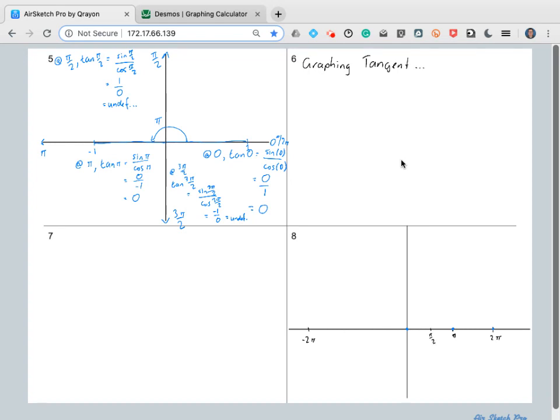So at pi on 2 and 3 pi on 2, can you see how that beautifully splits the graph or the domain up? There, I'm going to have a value which cannot be reached.